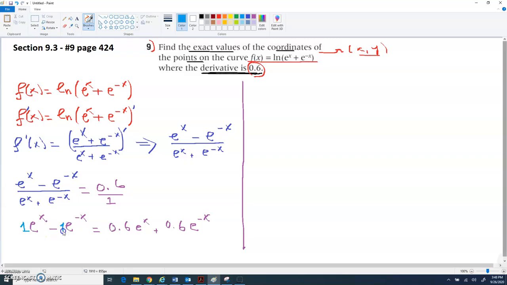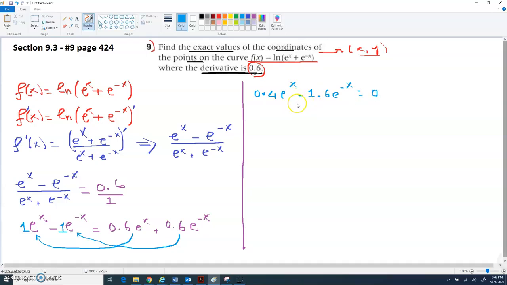Think of this as a 1 here, so 1 minus 0.6 is 0.4 e to the x. Same thing, I bring the 0.6 e to the negative x over to the left, and that gives me negative 1.6 e to the negative x, and that will be equal to 0.